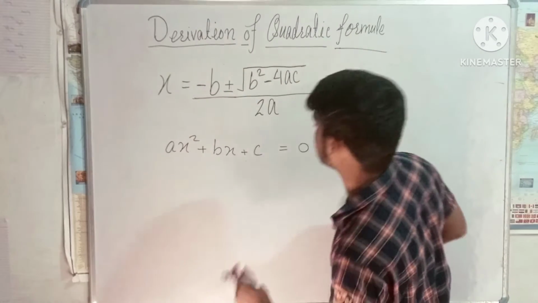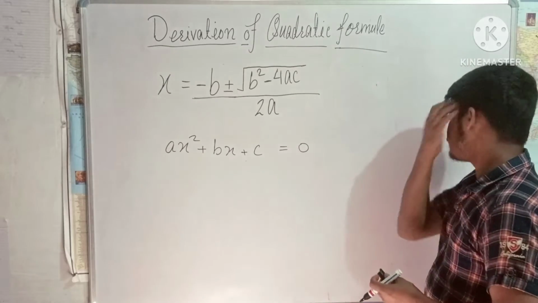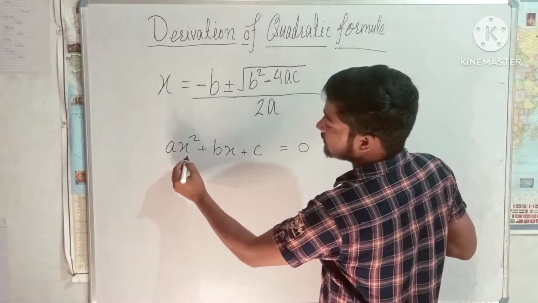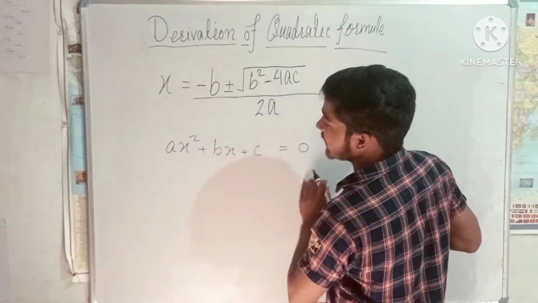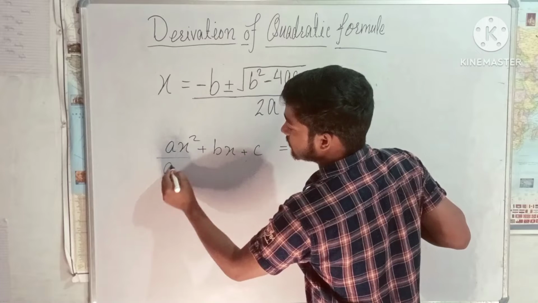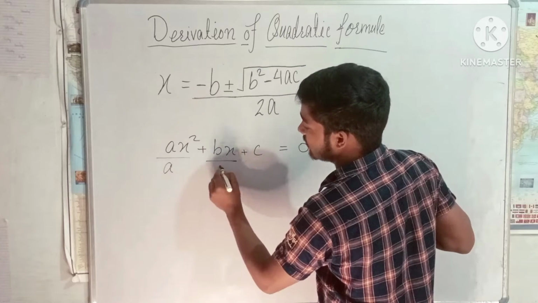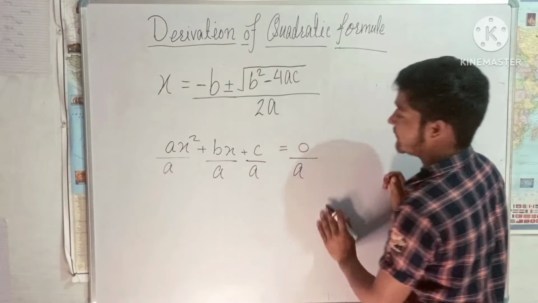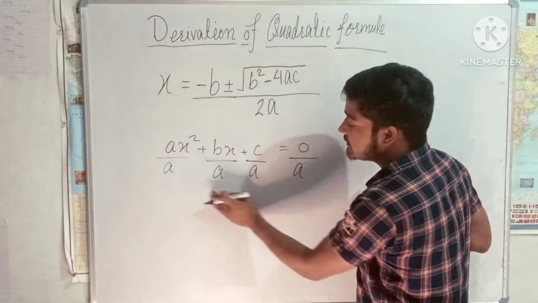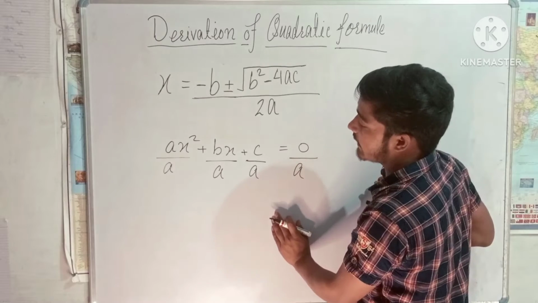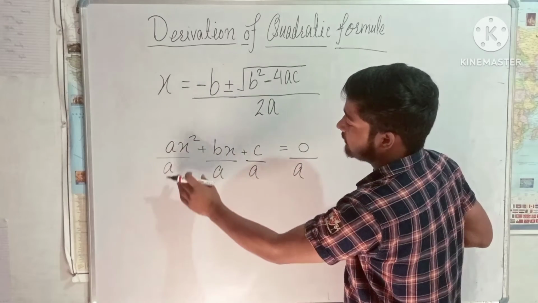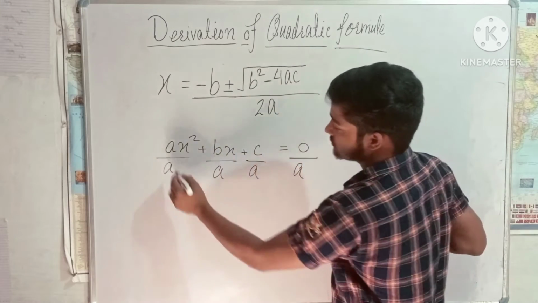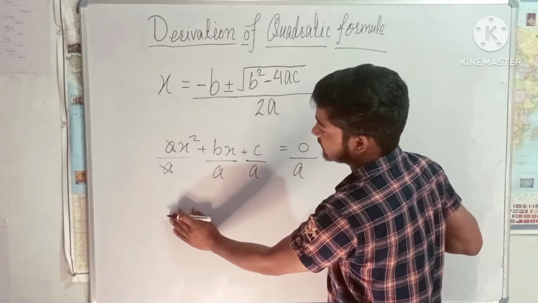Then let us divide this equation by a, so 0 upon a. There is no change in this equation, because I divide the total term of this equation by a, so a and a will be cancelled out here.